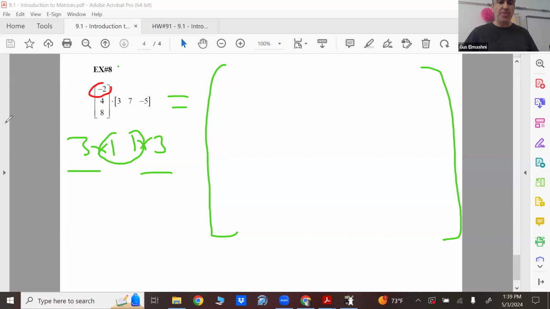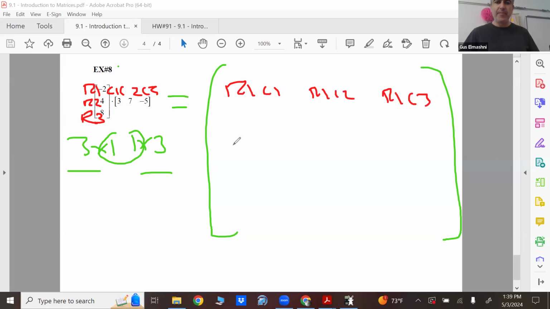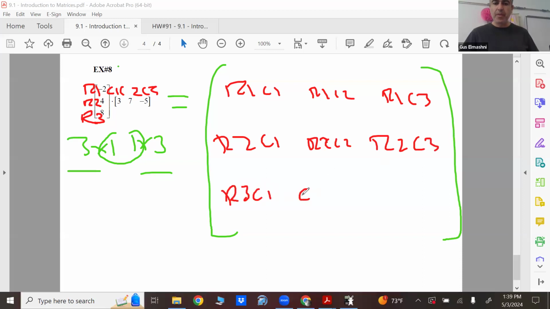Hold on. Just be consistent here. Row 1, row 2. Honestly, when you get really good at this, you don't have to keep doing this, but for now: row 1, C1, row 1, C2, row 1, C3. You get the idea, right? Row 2, C1, row 2, C2, row 2, C3, row 3, C1, row 3, C2, row 3, C3.